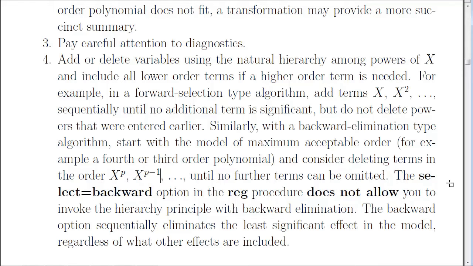In SAS, we're using R, we're not using SAS, but this is a problem when you do backward selection: the model selection procedures themselves typically do not retain the natural hierarchy, but will simply drop the least significant term first, and it could be that the highest order term is not the least significant.